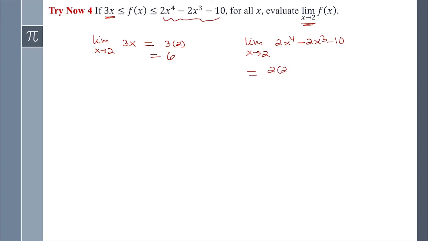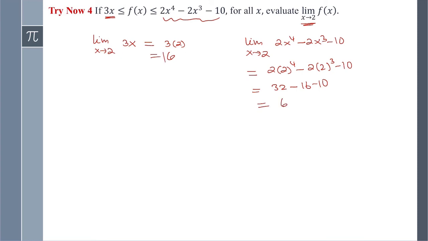So 2 times 2 to the fourth minus 2 times 2 cubed minus 10. Okay, so 2 to the fourth is 16 times 2, 32, minus 2 cubed is 8 times 2, 16, minus 10. So 32 minus 16 is 16, minus 10 is 6.